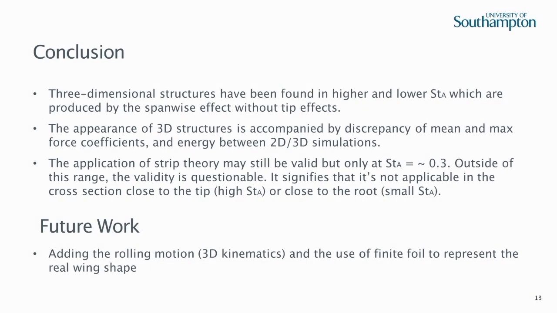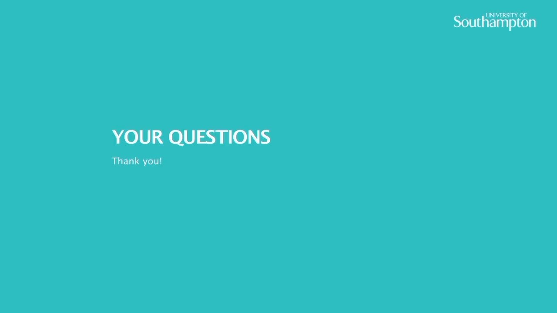If you are using strip theory, it's still valid, but only in a very small range of Strouhal number. Outside of this range, it's better to do 3D. In future work, we will add rolling motion, and we can call it 3D kinematics. Thank you very much.